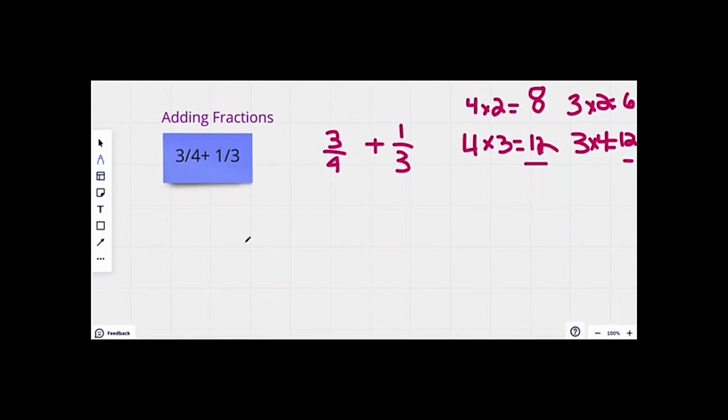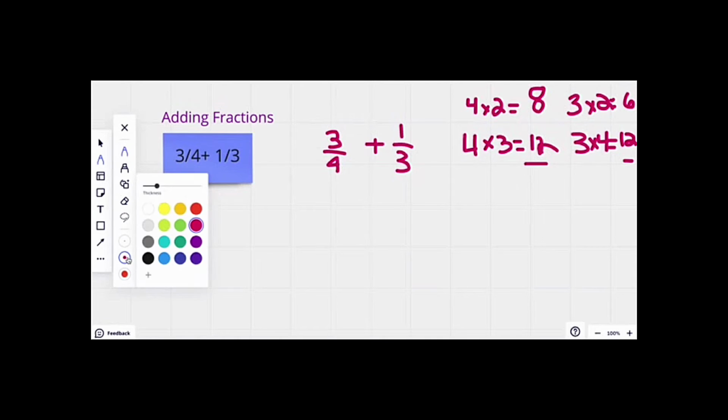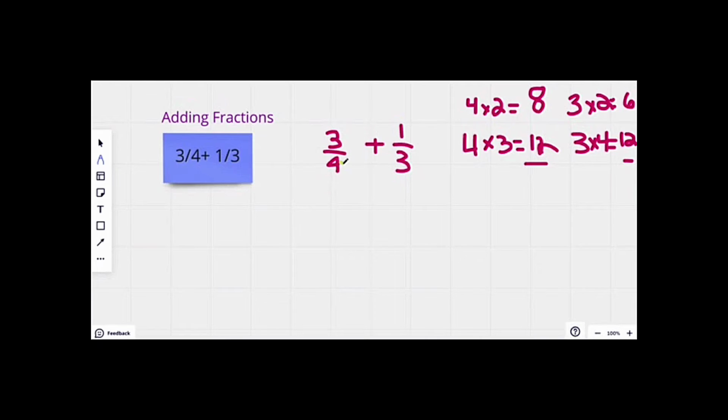In order to do that, we got to actually multiply each of these by the number that's going to give us that 12. So let's grab a different color. So the 4, we said we're going to multiply by 3. And whatever we do to the bottom, we also got to do it to the top. So since we're multiplying that number by 3, we got to multiply this number by 3.